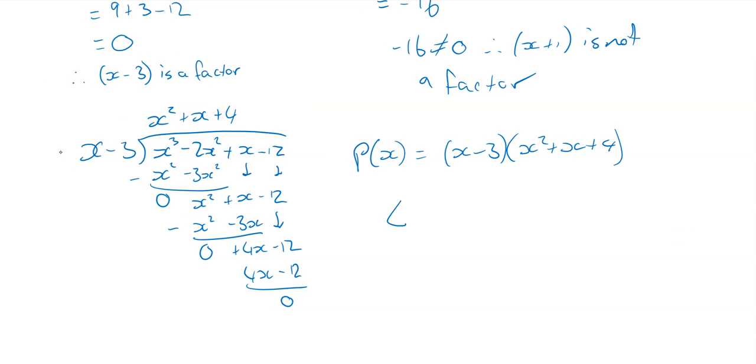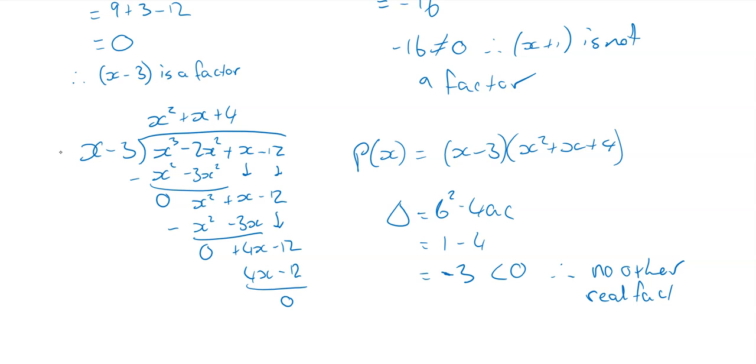So the discriminant, delta, is equal to b squared minus 4ac, and in this case that's 1 minus 4, which is negative 3, which is less than 0, therefore no other real factors. So that's our solution there.